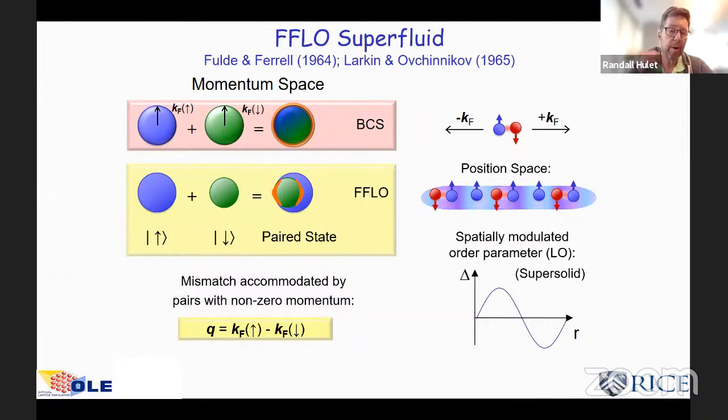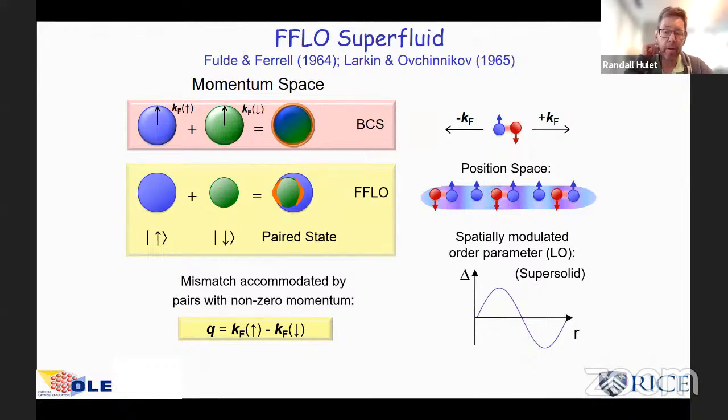Yeah. So there are things called pair density waves, in which they have finite momentum pairs, but those are related to some kind of underlying length scale of the lattice, or whatever else defines the length scales in the system.